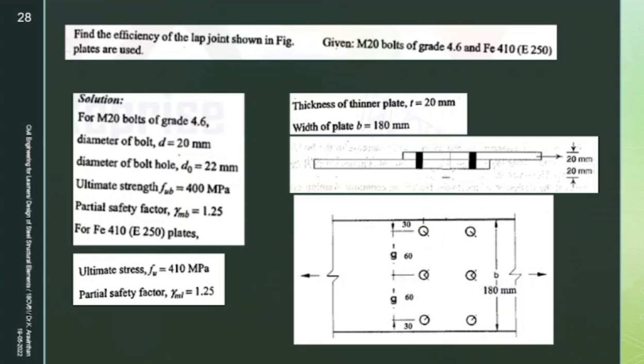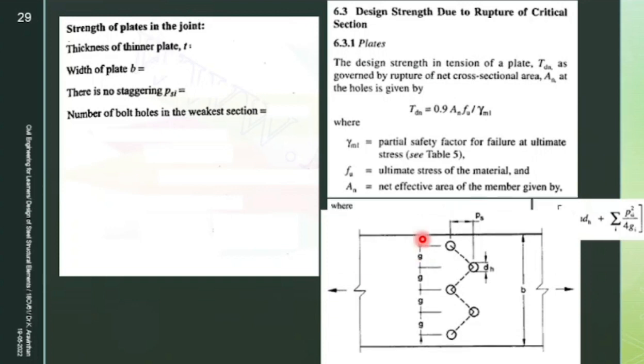For a section, how many number of bolts you have? Take down this as a section. If you cut this, how many holes will come? 3 number of holes. So you have to take n as 3. Now you find area. How will you find area? Number of bolt holes is 3.